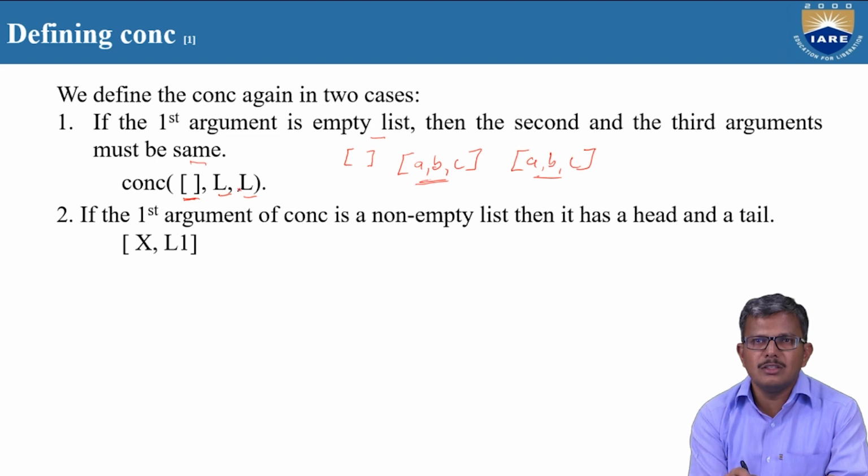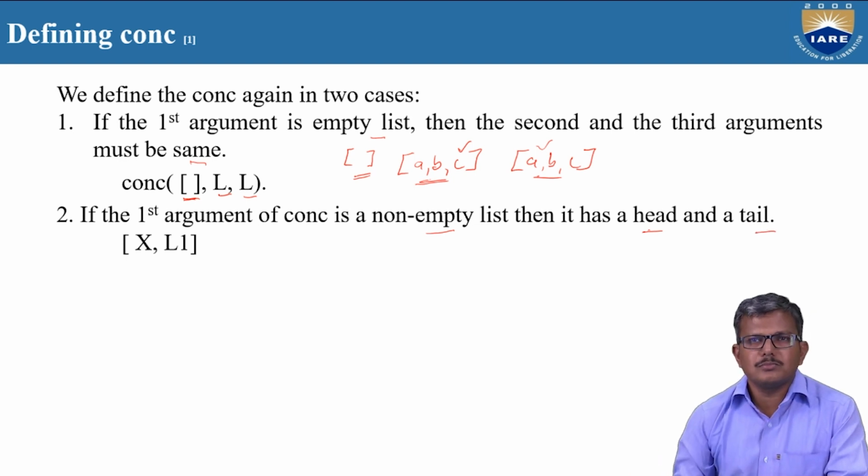That's why, if the first argument of the concat function is an empty list, then the next 2 lists must be the same. This is one observation we need to know. If the first argument of concatenation is a non-empty list, then obviously we know it must have a head part, and at the same time it must have a tail part.